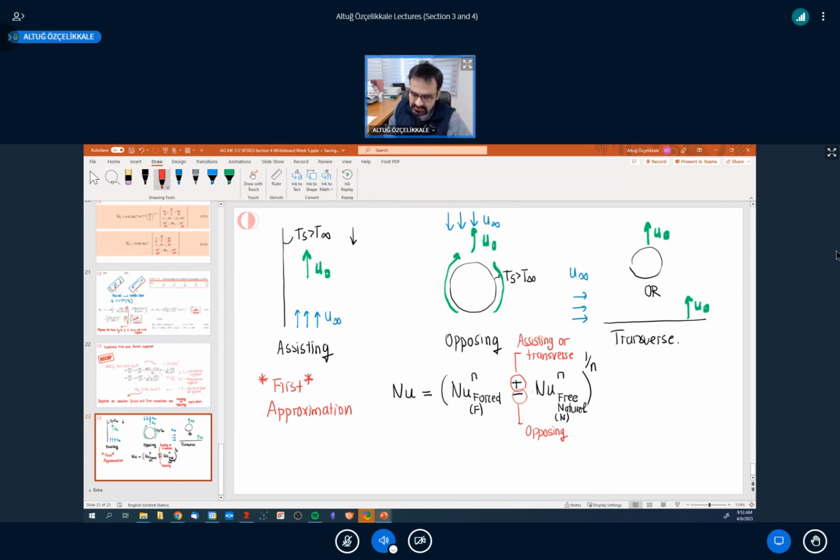So in general, what is this exponent? n equal to 3 is good in general. But studies indicate that if it's a transverse flow, n is equal to 7 over 2, or n is equal to 4, again, without any further information like the specifics of the geometry, that's the best we can do. But you can pick one of those if it's the transverse flow.